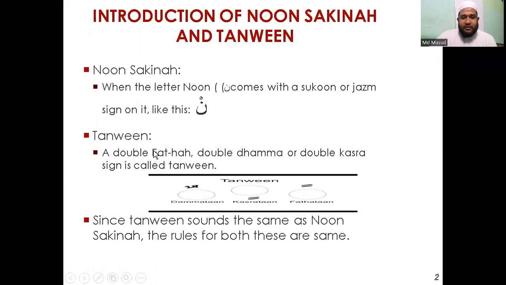And Tanween, we are familiar with Tanween: double fatha, double dhamma, double kasra, that we call fathatan, kasratan, dhammatan. These harakat are called Tanween. So Noon Sakin and Tanween both have the same ruling because Tanween has the sound of Noon Sakin. That's why they both follow the same rule.